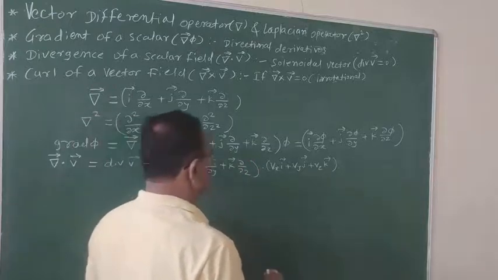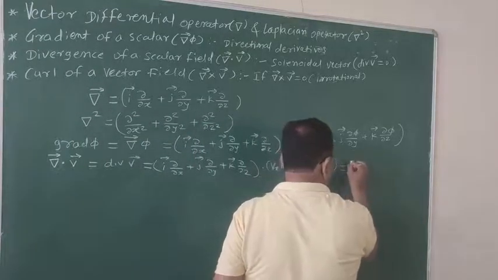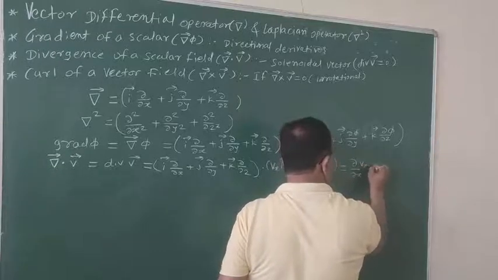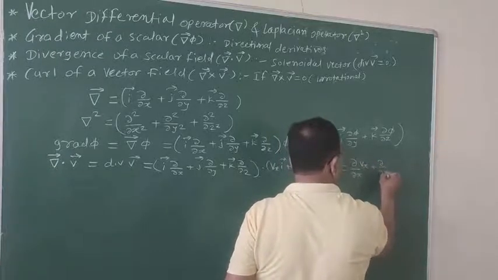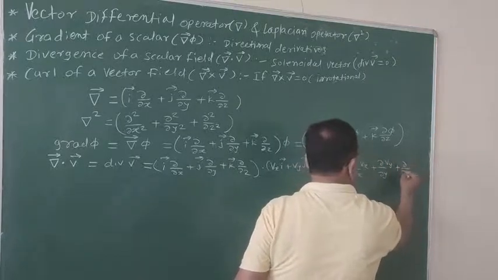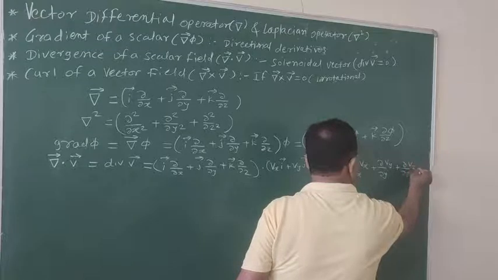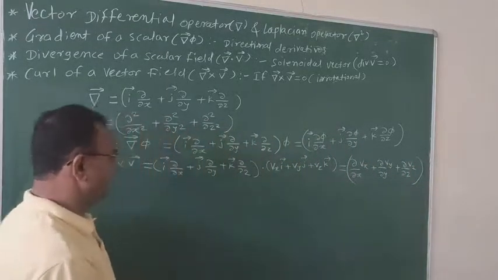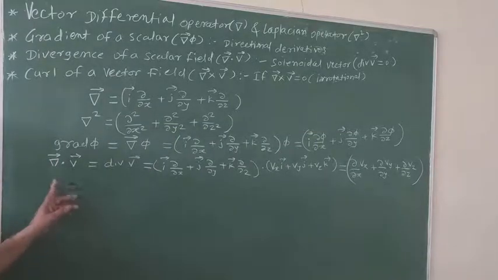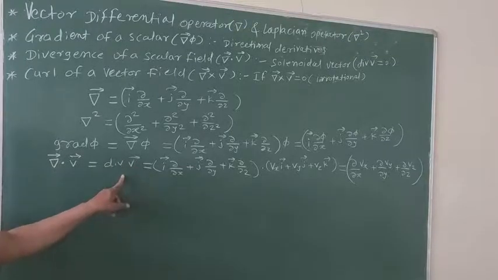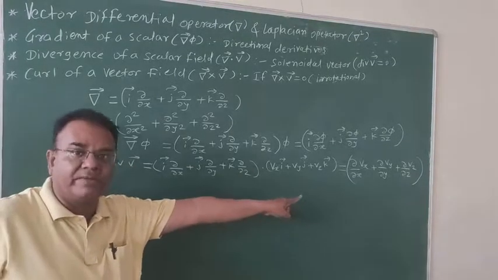We can write the final answer as delta by delta x of Vx plus delta by delta y of Vy plus delta by delta z of Vz. That means the divergence operating on a vector field gives a scalar answer.